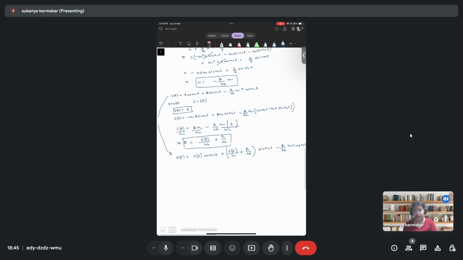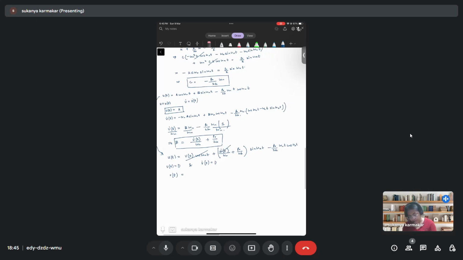Now let's assume that the initial conditions are 0, that is u0 is equal to 0 and u dot 0 is also equal to 0. Then what will happen to u of t? This first term will go to 0, this will go to 0.